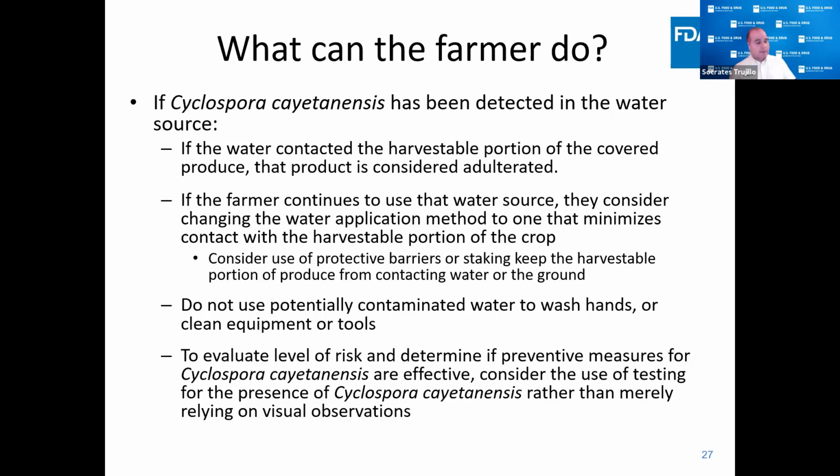And we need to talk to them and make sure that they understand we may need to be changing the method of application of the water so the water doesn't touch the edible portion of the crop. And again, if that's the only source of water, we need to make sure that our workers do not use that water to either wash their hands, clean the cleaner, or any of the tools, and of course not to consume it as drinking water, right?